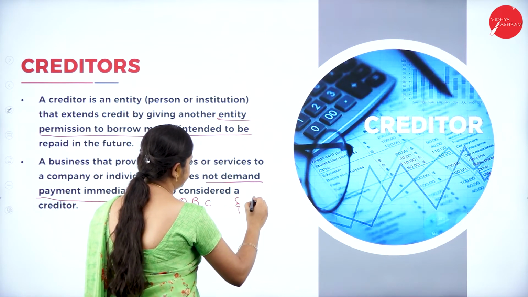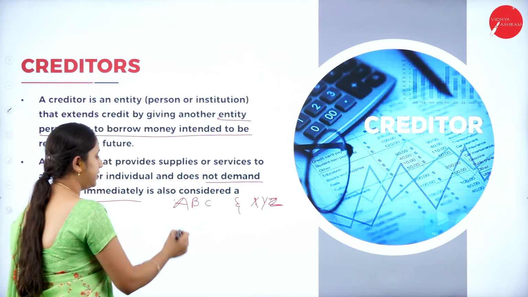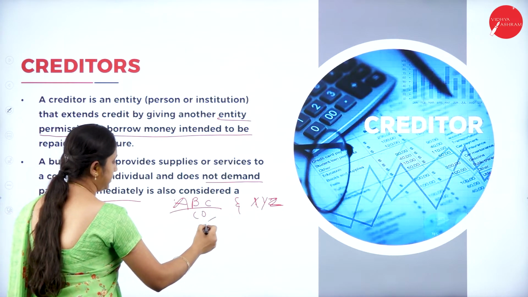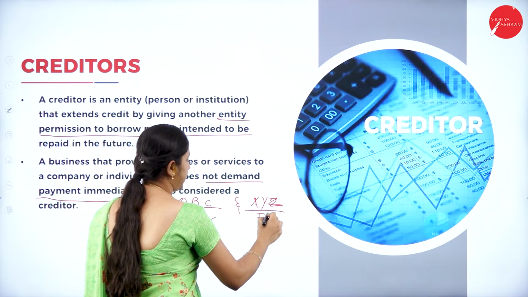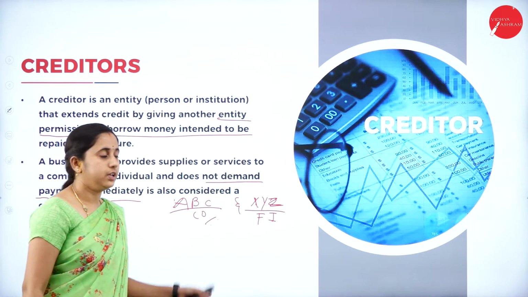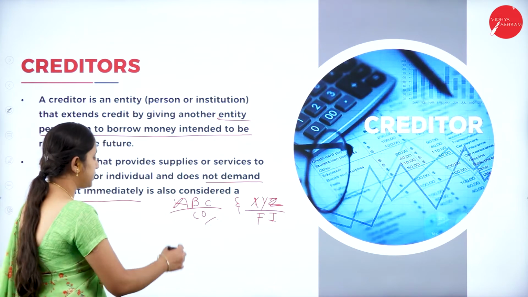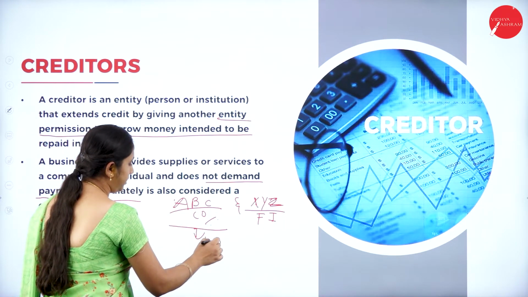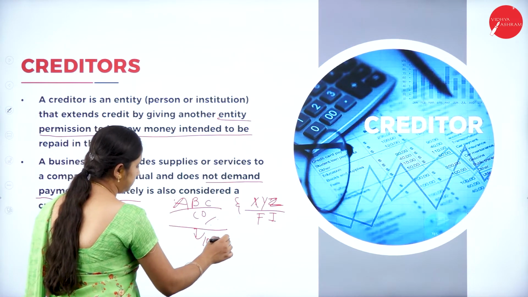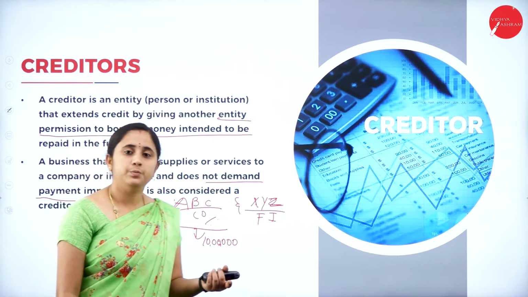Take ABC and XYZ. ABC is a company and XYZ is a financial institution. They need 10 lakh rupees for their business.